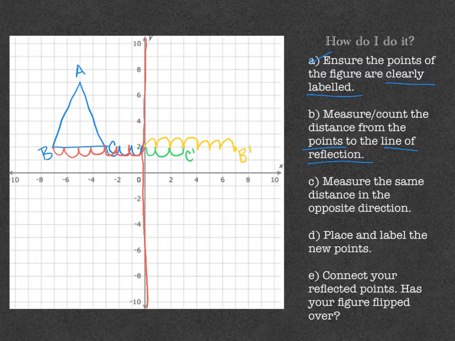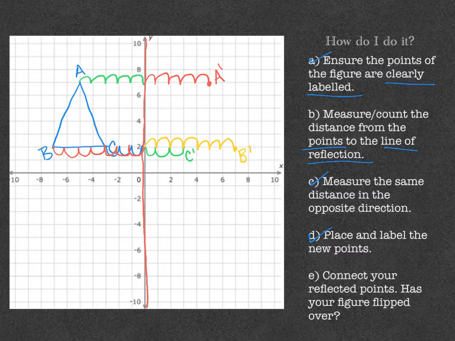And then we'll head up to A. A is how many away from the line of reflection? 1, 2, 3, 4, 5. So when we reflect it over, we go 1, 2, 3, 4, 5. That's our A1. I've skipped ahead a little by pre-labeling, so I'm labeling my new points and I've placed them all.